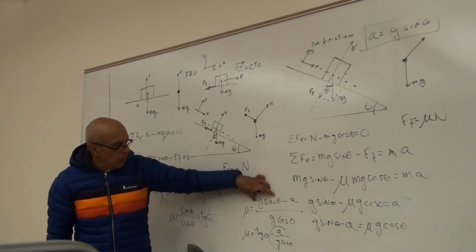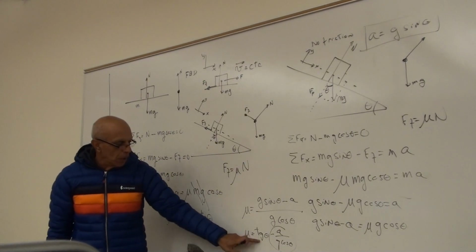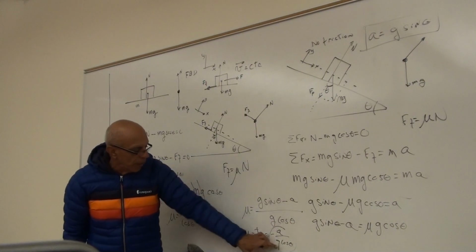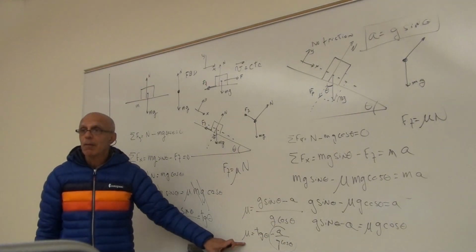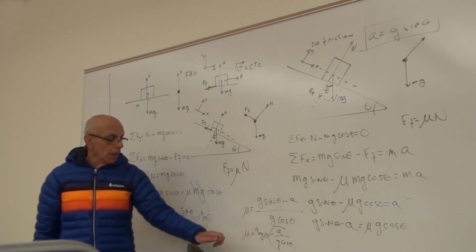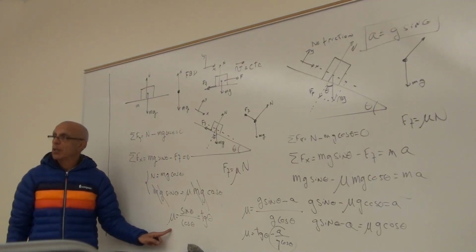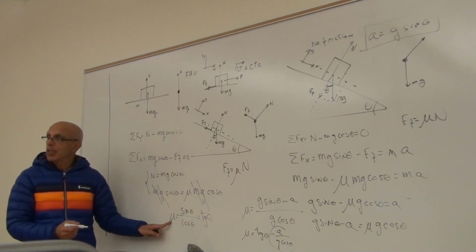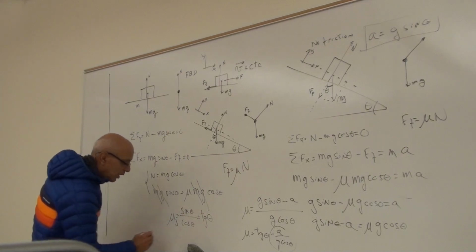I divided this term by g cosine theta, it is tangent of theta, and I divide this term by this. So this coefficient of friction, when the thing is moving down, being accelerated, is it going to be greater or less than this one here? Less. It's going to be less. Because it's not moving, the coefficient of friction is static.